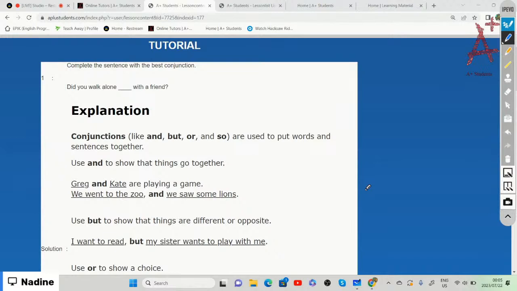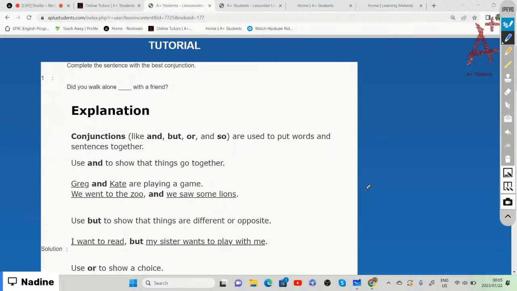We use but to show that things are different or things are opposite. I want to read, but my sister wants to play, meaning that she doesn't want to read, she wants to play.